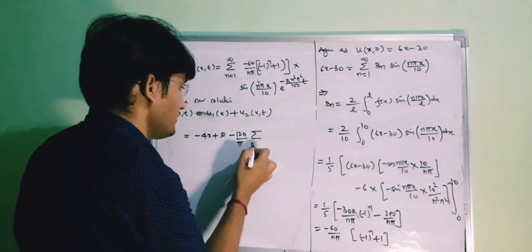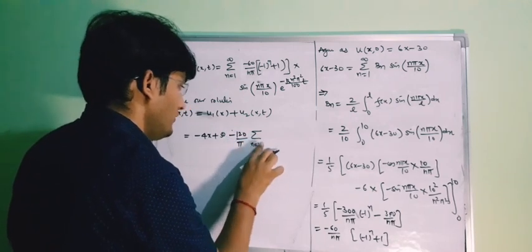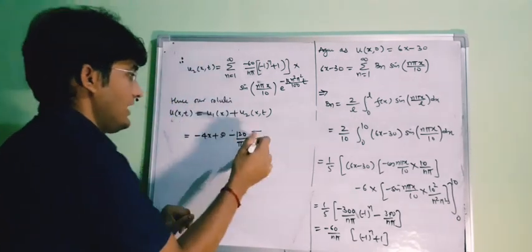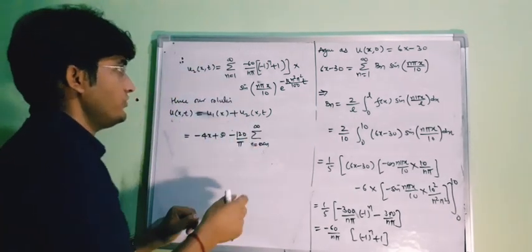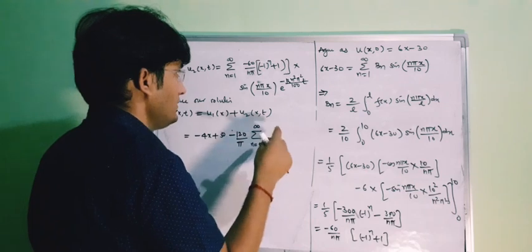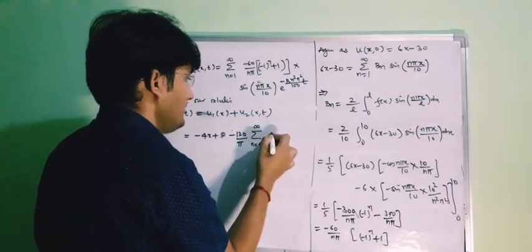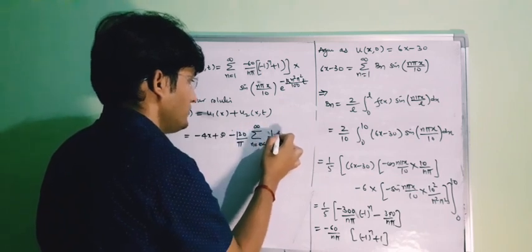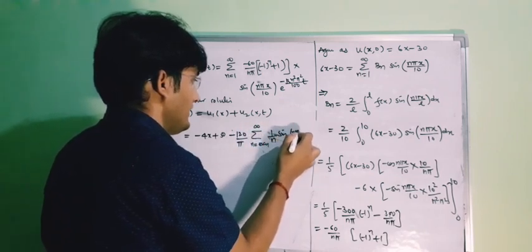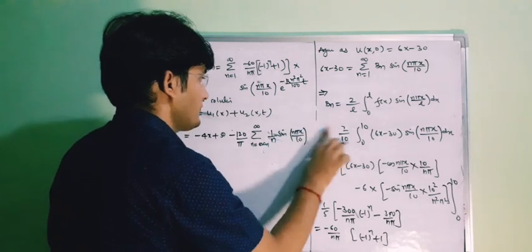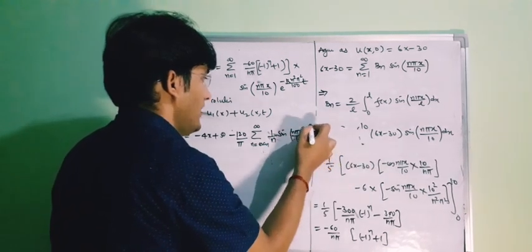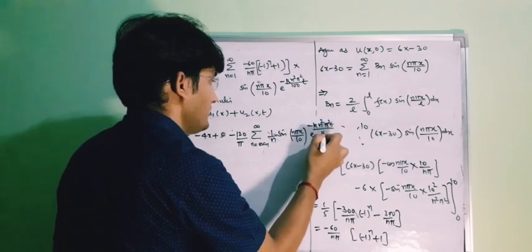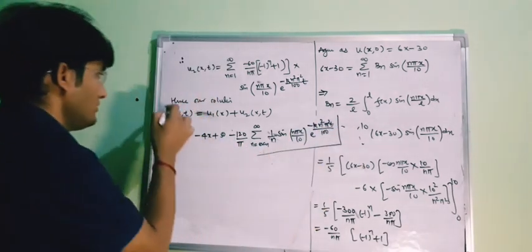So here in the summation we will write n equal to even. So in the summation our n is from 2 to infinity, that means when n is even, and now here we will have 1 upon n, sin(n pi x upon 10) into e to power minus k n square pi square t upon 100. So this is our solution in this case.